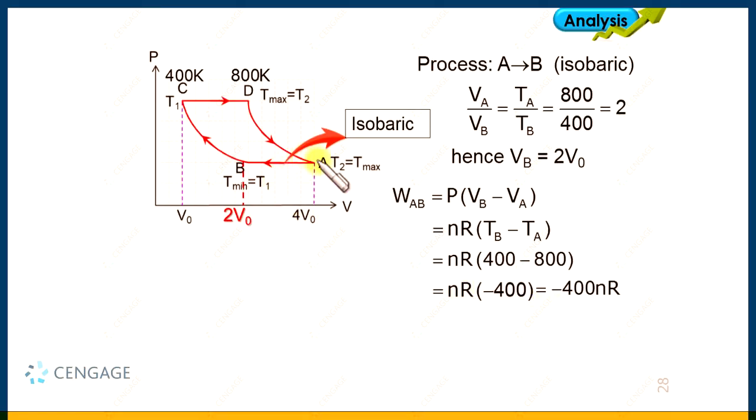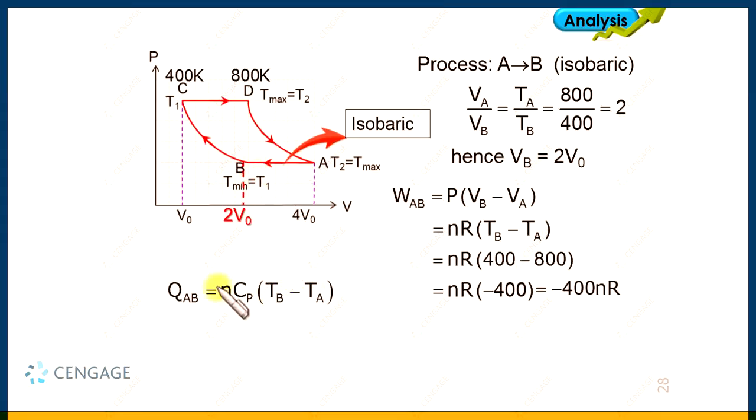Let us explore whether the value of Q is positive or negative. That means heat is either absorbed or rejected. We know this is an isobaric process, and in the isobaric process we have the expression QAB equal to n Cp delta T, right? Delta T means final temperature minus initial temperature, and we know temperature TB is less than TA.